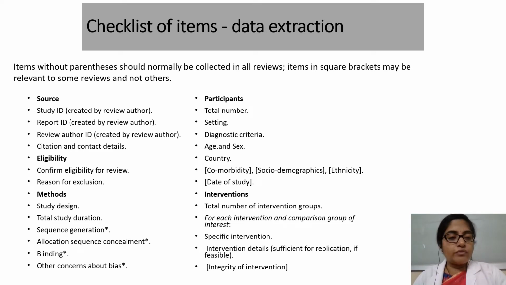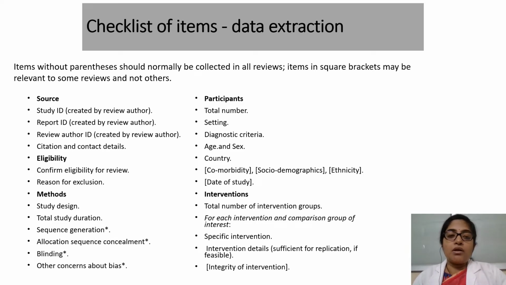In source we have study ID, report ID, reviewer ID, citation and contact details. Then we have eligibility, so confirm eligibility for review and reason for exclusion. In methods, we have to mention study design, total study duration, sequence generation, allocation sequence concealment, blinding, and other concerns about bias. In participants, you have to mention total number, setting, diagnostic criteria, and so on.